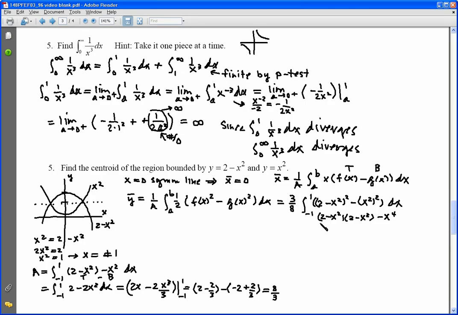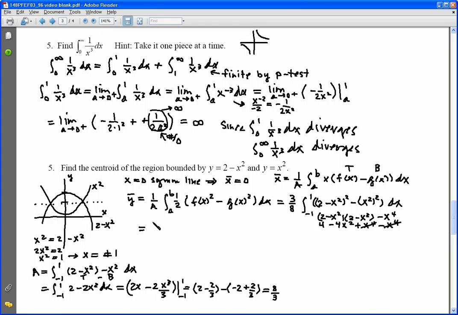So first terms, this will be 4. Outer terms -2x squared. Inner terms -2x squared, so minus 4x squared. And negative times negative is going to be a positive. x squared times x squared is x to the 4th. And then minus x to the 4th. So those guys cancel out of there. So we were just integrating 4 minus 4x squared.